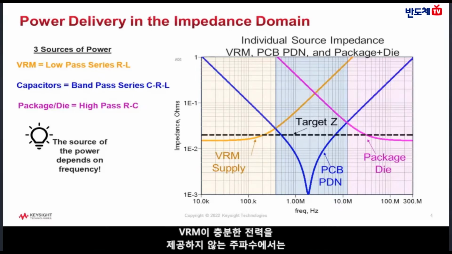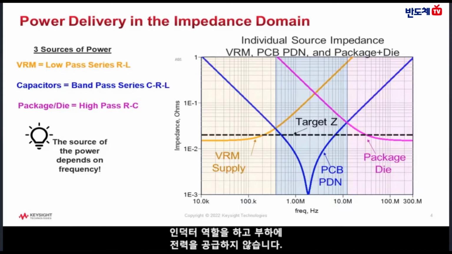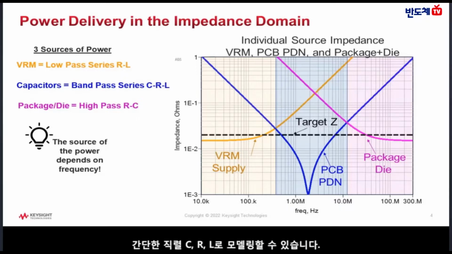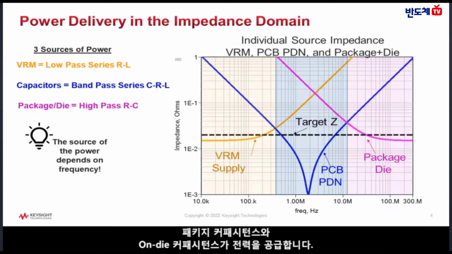At the frequency where the VRM stops delivering adequate power, it is then the job of the decoupling capacitors to take over. However, capacitors are not ideal, and at frequencies beyond their self-resonances, they become inductors, and they also stop delivering power to the load. The decoupling capacitors look like a bandpass filter, shown in blue, that can be modeled as a simple series of C, R, and L. Finally, at the gigahertz switching frequencies of modern-day digital electronics, it is the job of the package capacitance and on-die capacitance to deliver power.